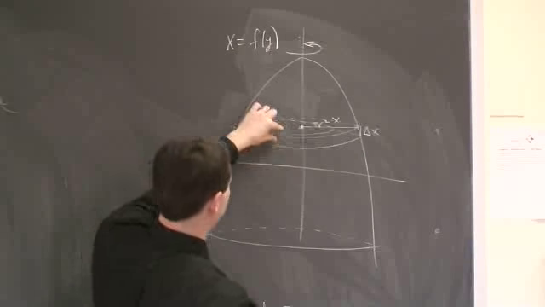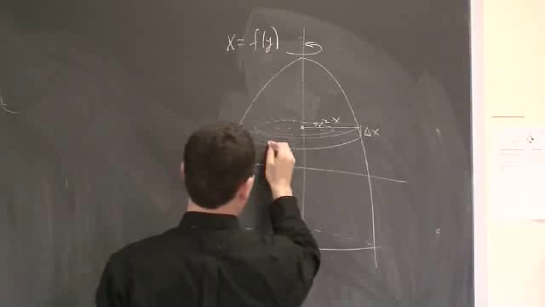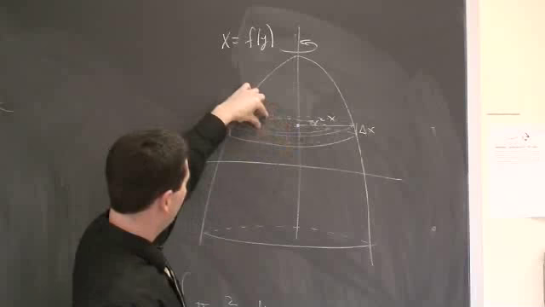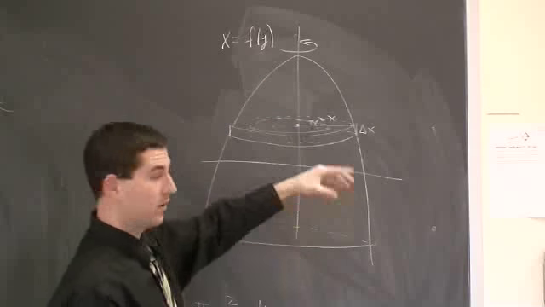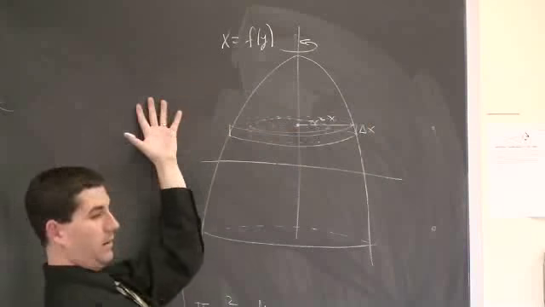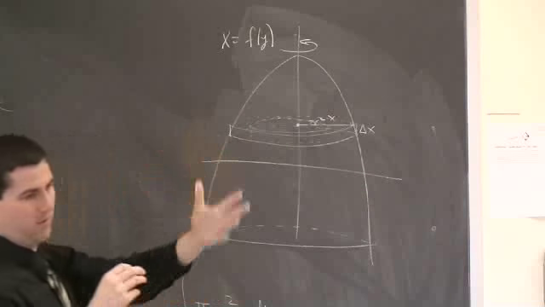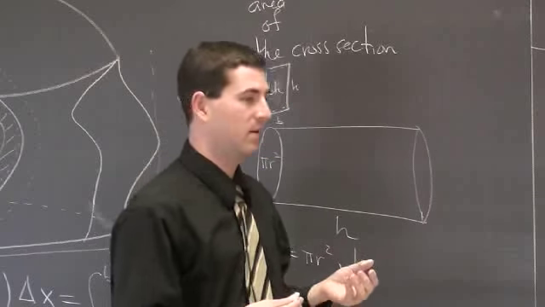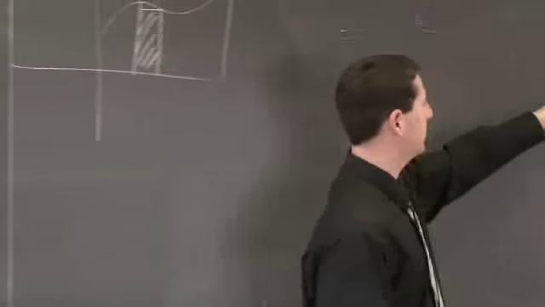You build a little hole in the middle of your cylinder that you have to cut out. That's what happens if you move things around from the side. That's why we had the difference of disk method and the difference of shell method. You end up having to cut out a little cylinder.